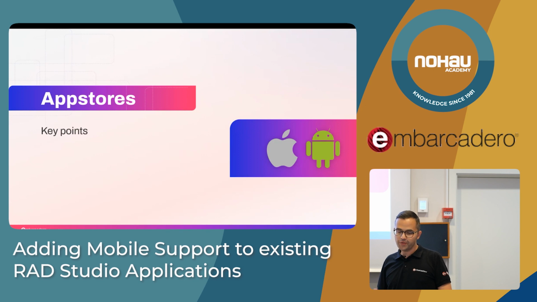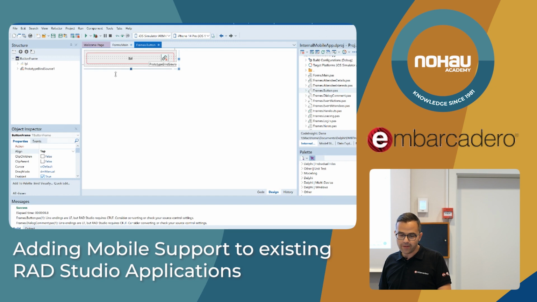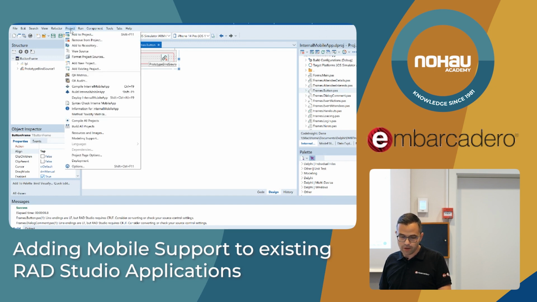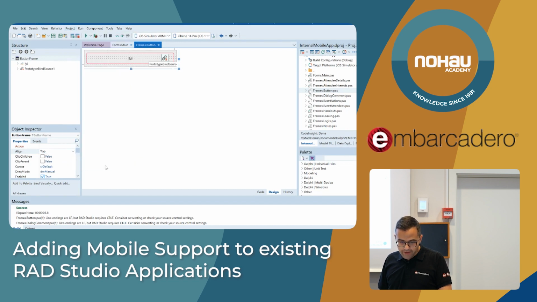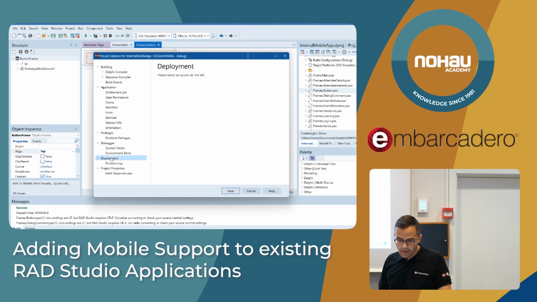And once you're approved, then you can create your applications on the store, and then you get a certificate that you need to link to your applications. But we're providing as much information as possible within RAD Studio. If we come here to your project and you come to options, we have the deployment section.